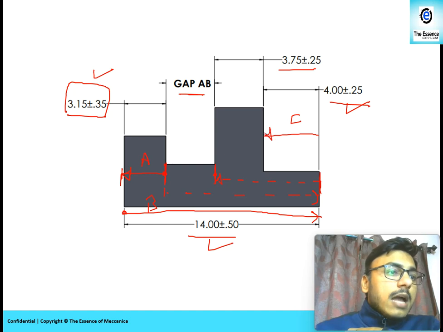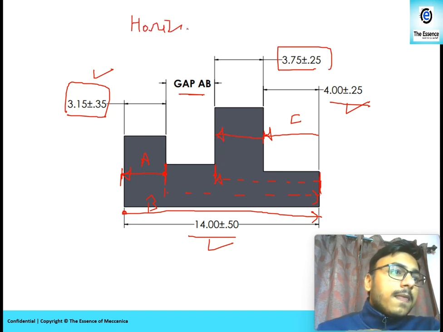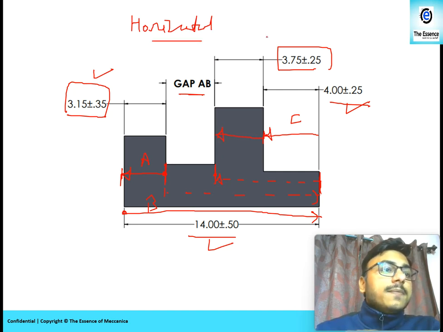So I am on this surface now. Again, this dimension is given. So I will move from there to there. So the loop is horizontal here. Right? Loop is horizontal and loop is closed. I started at one side of the gap and I ended at the other.